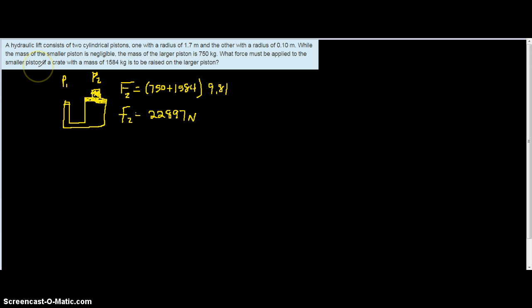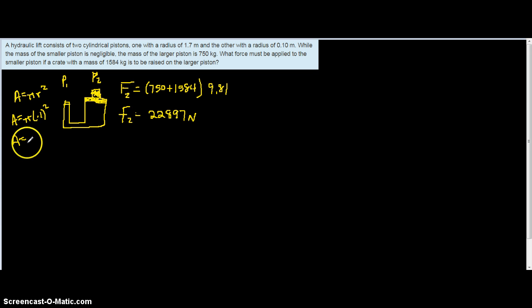The area of piston 1 can be found by using the equation of the area of a circle, and that's pi r squared, and the radius of this piston in particular is 1/10 of a meter. So if you were to do this, 0.1 squared is, I believe, 0.01.